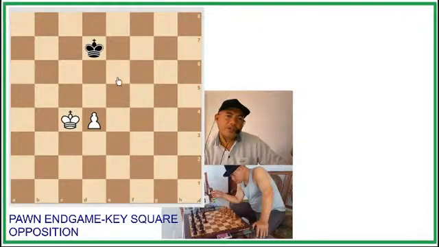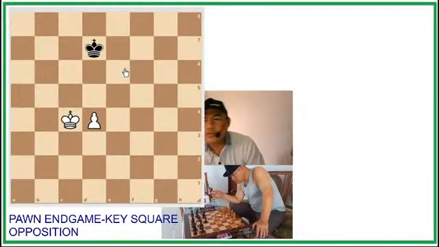In this position, if it's black to move, then this is a draw because black will move here and have the opposition. For example, let's try to make this move.